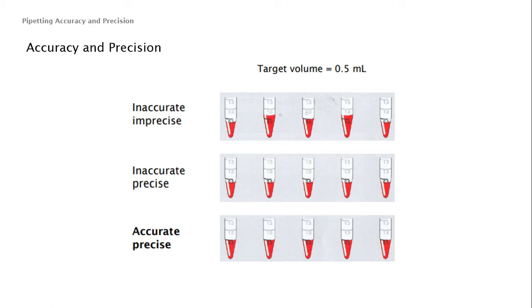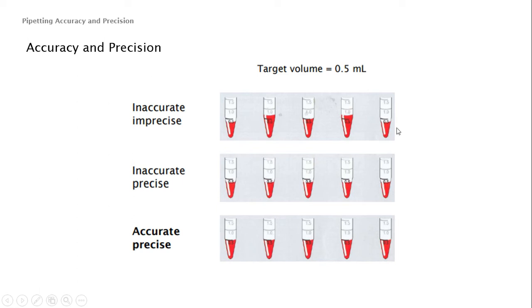When we say variation of individual measured values, the measurement can be accurate but also imprecise. How can we get a result like this? For example, we have five measurements of 0.5, 0.55, 0.45, 0.49, and 0.51.